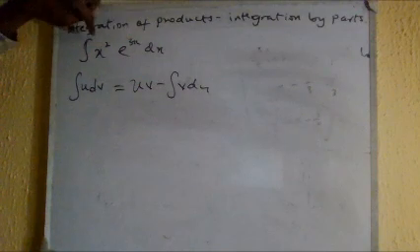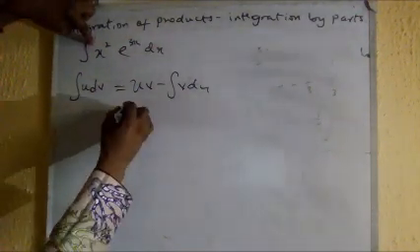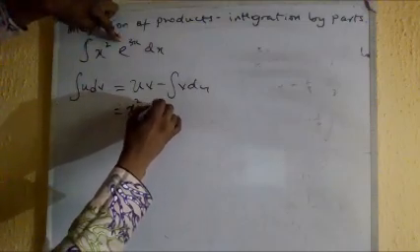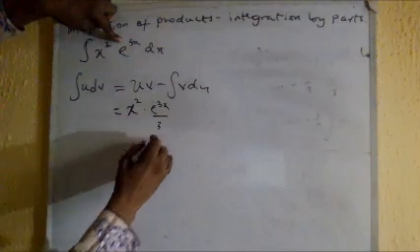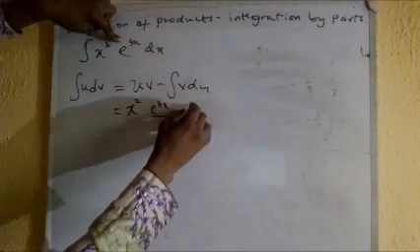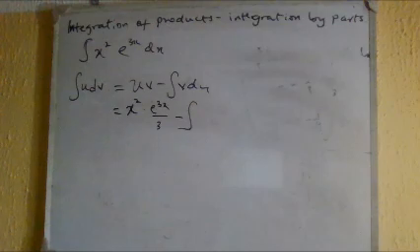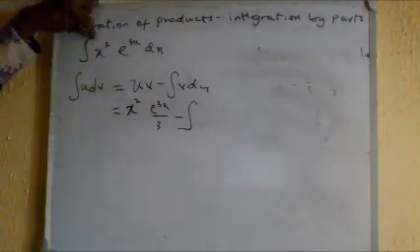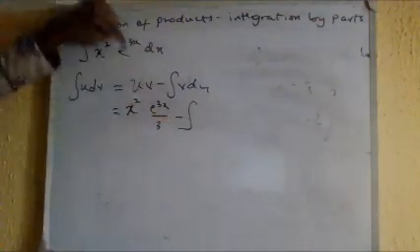Then integral this is, then minus integral this to this. So this integral this minus integral this dx.